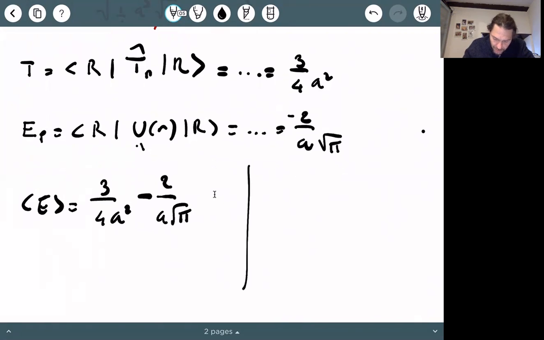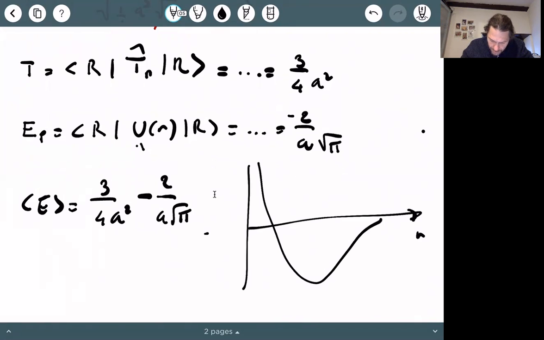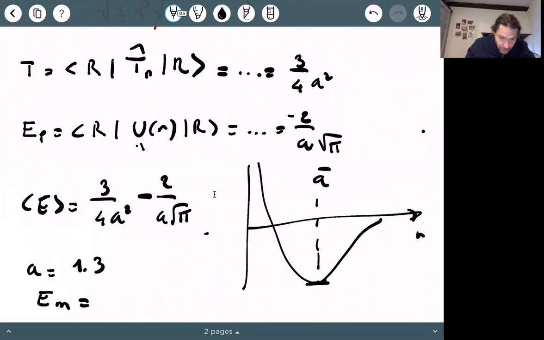So if you plot it as a function of a, it looks like this. And there's in fact a minimum value, a-bar. And if you find out what the minimum is, you find that a at the minimum is about 1.3, and the minimum value of the ground state, the variational estimate, will be −0.42 in these units.